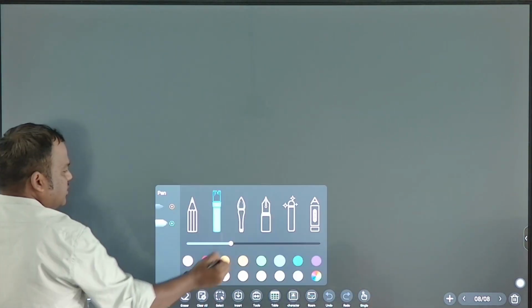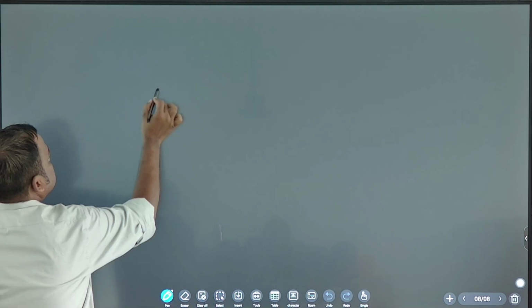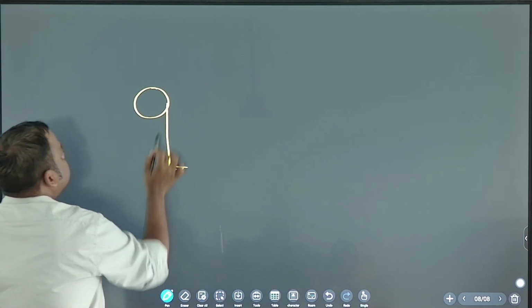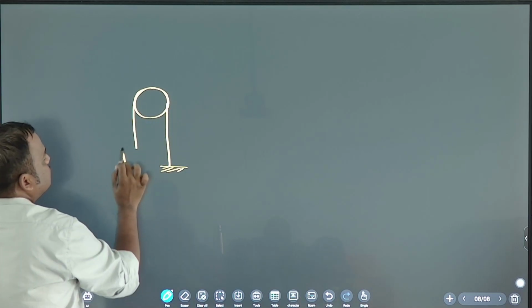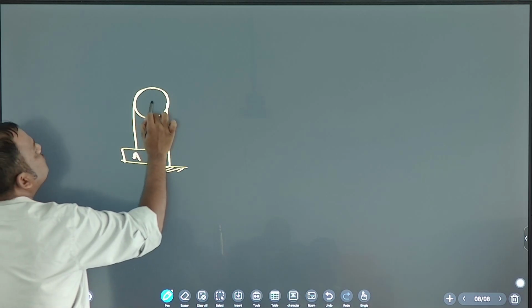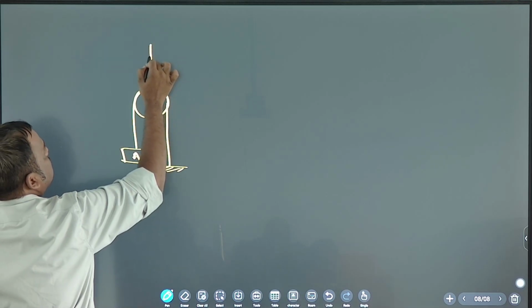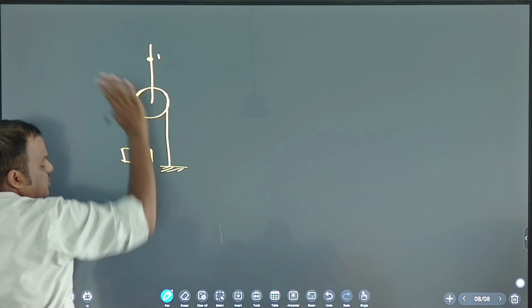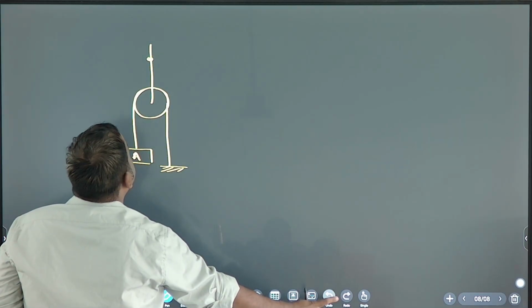See, observe this question. This is block A. So now this is point 1. Sorry, point 3 it is.